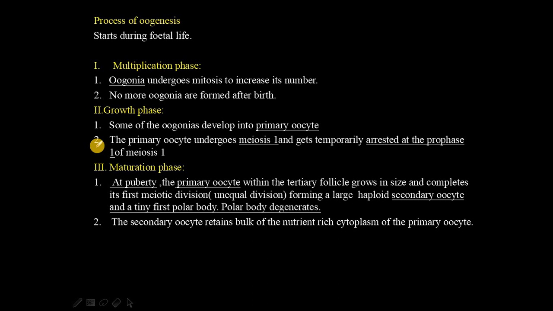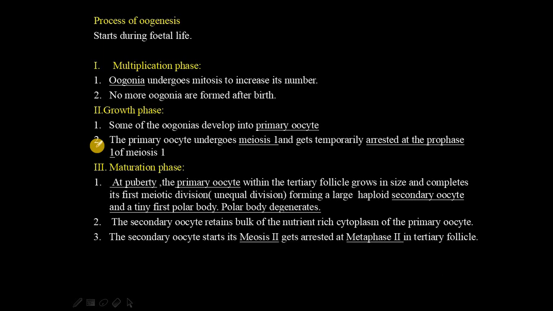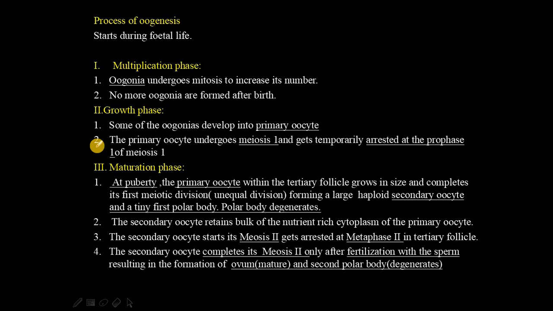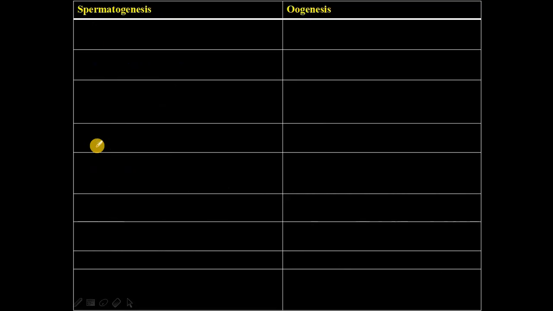The secondary oocyte retains the bulk of the nutrient-rich cytoplasm of the primary oocyte, and it starts its meiosis 2 in the tertiary follicle and gets arrested at metaphase 2. The secondary oocyte completes its meiosis 2 only after fertilization with the sperm, resulting in the formation of a mature ovum and second polar body. So this is a very important question for 5 marks.